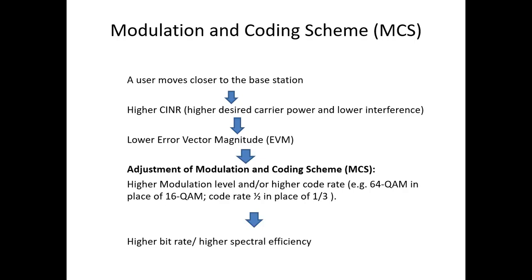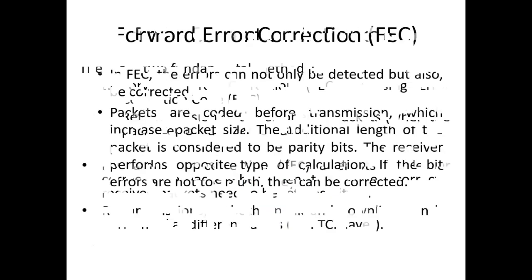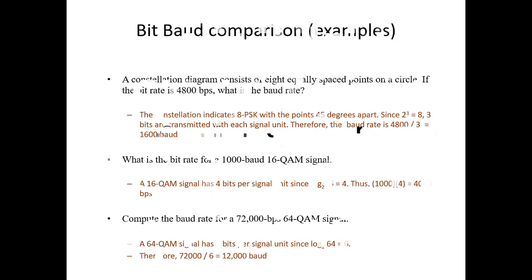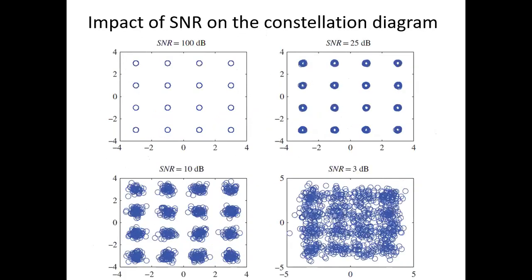Well, a term we didn't explain: error vector magnitude. In the modulation constellation diagram, you could have a shift, a dislocation from the right location. If it is supposed to be here, but the dot arrives here, you receive it at the wrong location.